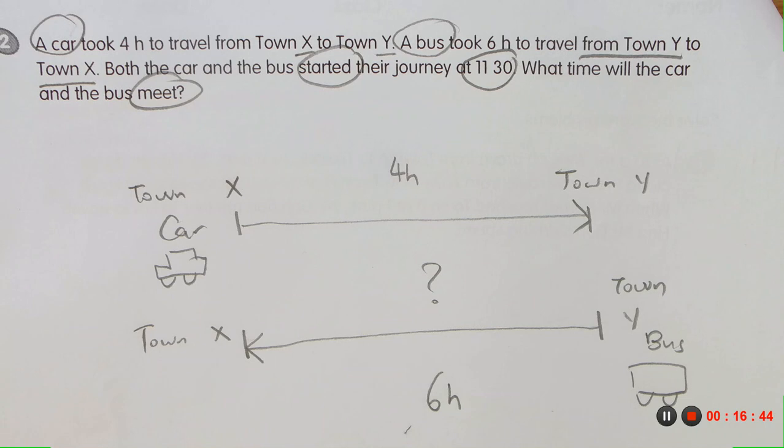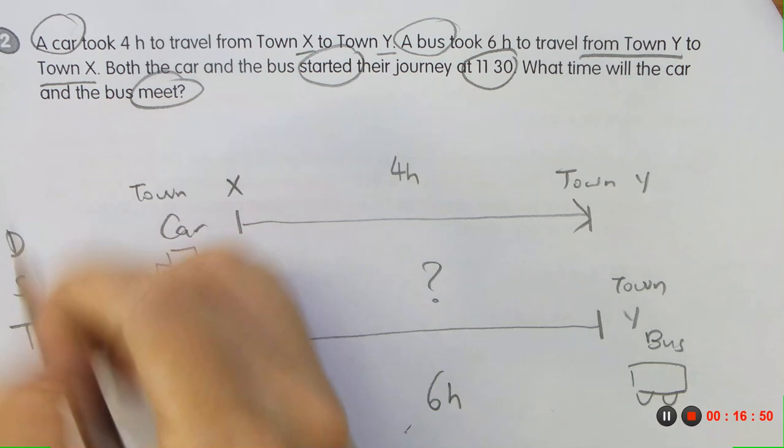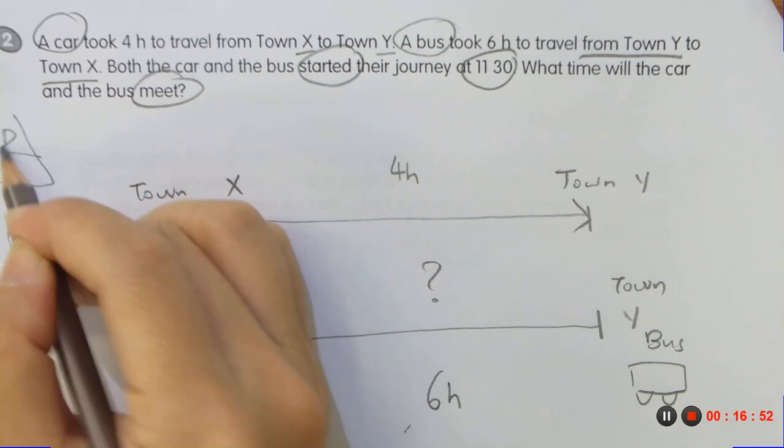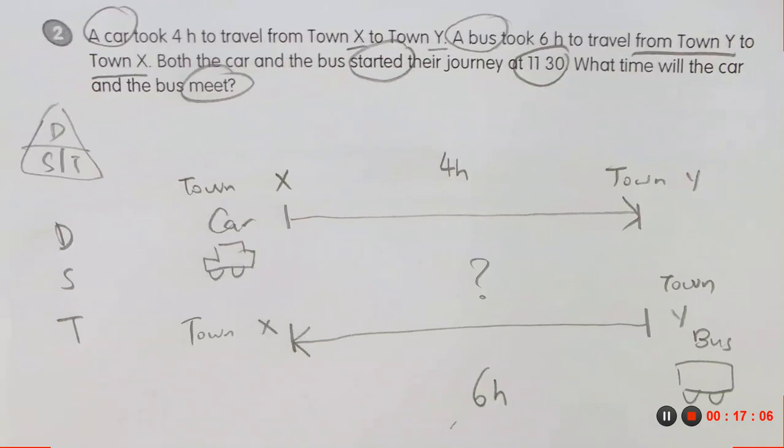Did they tell you the speed? No. We have distance, speed, and time in our triangle. Do we have distance? Wait. Don't jump the gun. That means don't fast forward yet. Our friends are processing the question. Hold your thought first.